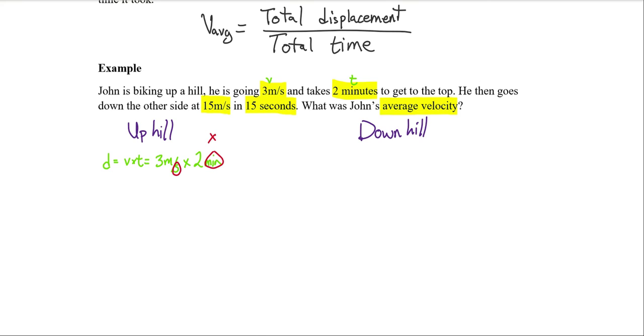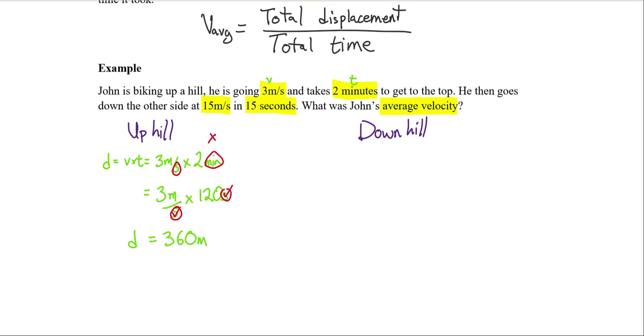We need to make this match. The best bet would probably be to turn those 2 minutes into seconds. I know that there are 60 seconds in a minute, so 2 times 60 would be 120 seconds. Now my units match, so I can go ahead and do that multiplication. 3 times 120 is going to be 360 meters.